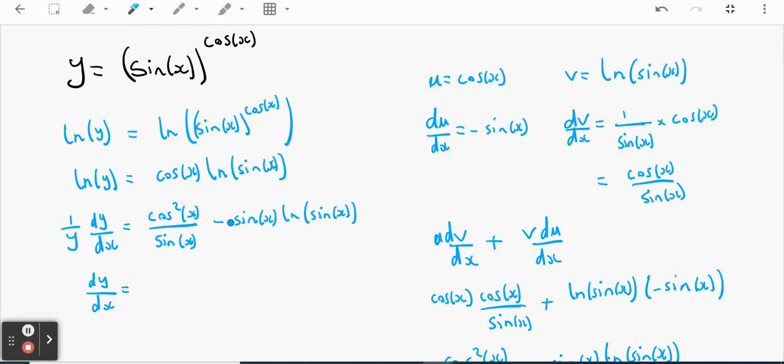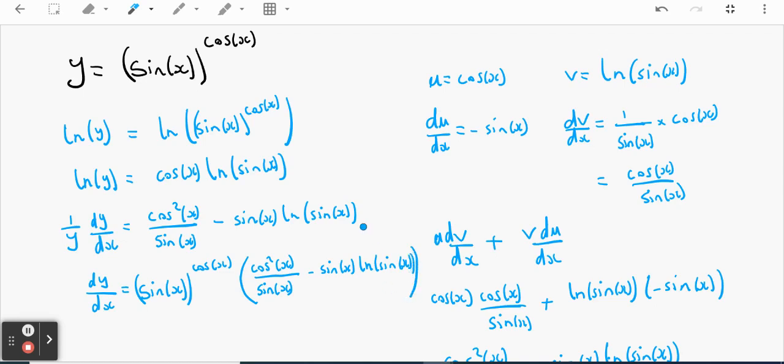So rather than writing y times all of this, I'm going to write it as sine x to the power of cos x multiplied by cos squared x over sine x minus sine x ln of sine x.